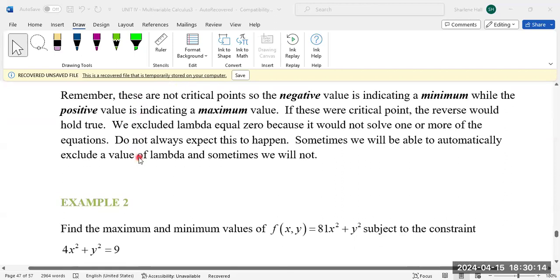All right. Let me just make sure that you're on the right track so far. So tell me the first line that you have. The first line I have is 162 x equals 8 lambda x. I'm not sure if I'm supposed to still have the x there for the 162.